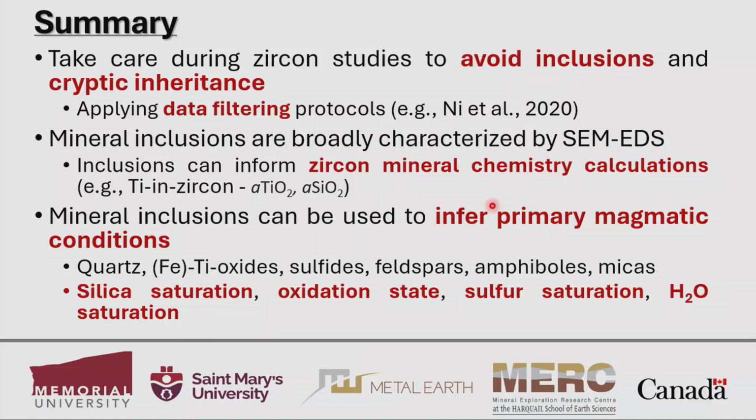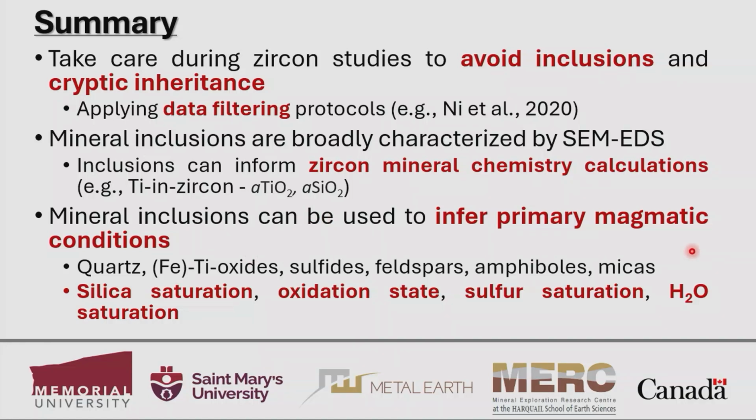Broadly, mineral inclusions are characterized by SEM-EDS here, and these inclusions can inform our zircon mineral chemistry calculations. As I mentioned, for titanium in zircon as a temperature calculation, we now have constraints on the activity of titanium and silica based on our mineral observations. These mineral inclusions can also be used to infer primary magmatic conditions.